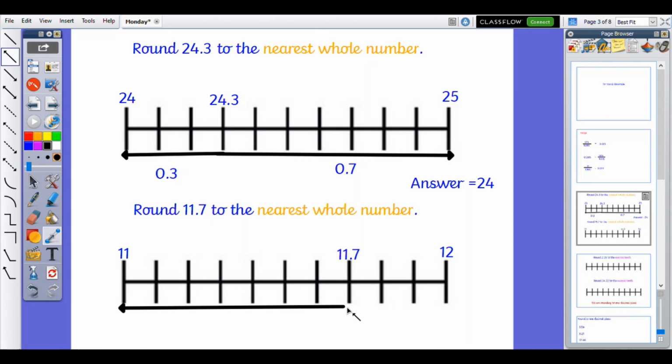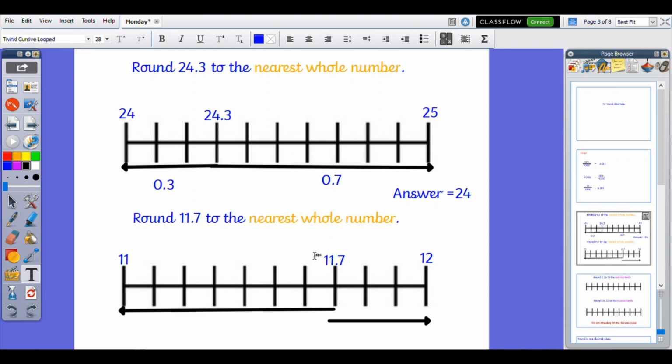So I've got this distance here and I've got this distance here. So let's see, from 11 to 11.7 I've got a difference of 0.1, 0.2, 0.3, 0.4, 0.5, 0.6, 0.7, and from here to here I've got 0.1, 0.2, 0.3.